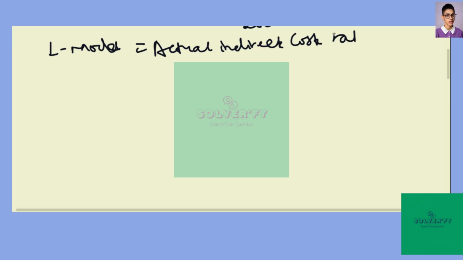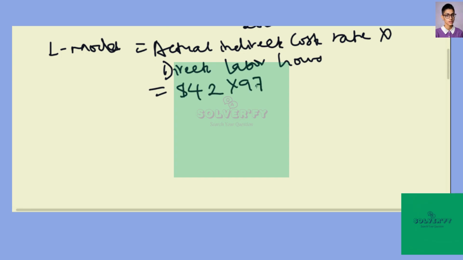Now we're going to be calculating it with the L model like we did in the first question. So with the L model, it will be the actual indirect cost rate multiplied by the direct labor hours, and this will be equal to $42 that we just found multiplied by 970, and this is 40,700 with the L model.